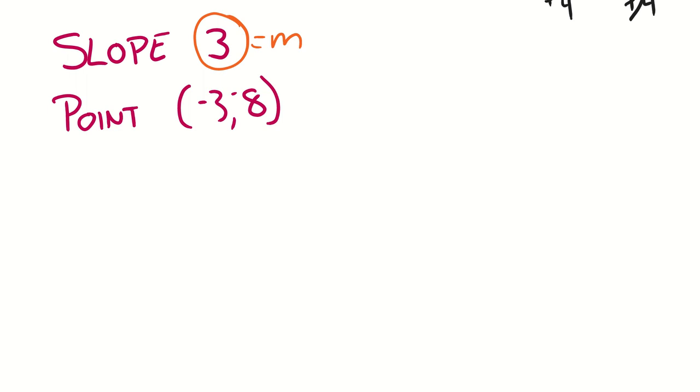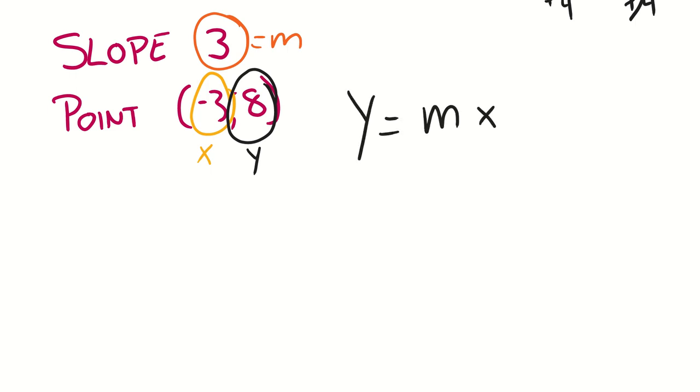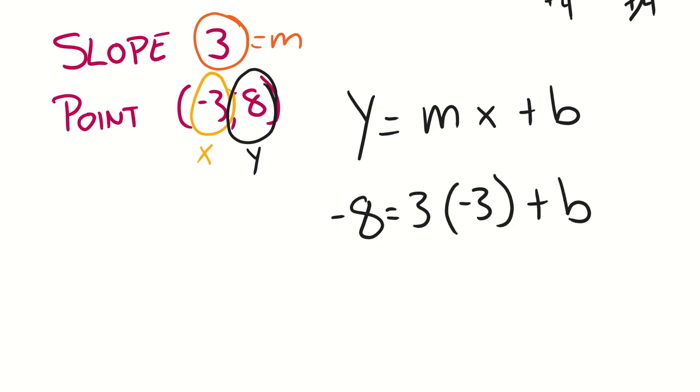This is our m. This is our x. This is our y. So instead of y equals m times x plus b, I'm going to get -8 equals 3 times -3 plus b. Right? y is -8, m was 3, x was -3. I don't know my b yet. And I'm going to solve this out.